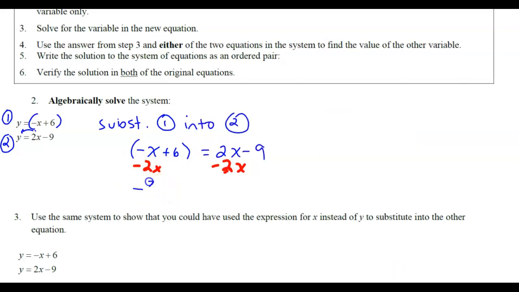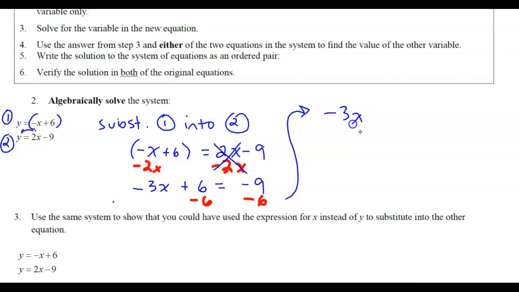So I get negative 3x plus 6 equals negative 9, because that goes away to 0. Then I subtract 6 from both sides. Again, it's just solving equations back from junior high. So negative 3x equals negative 15, and divide by negative 3.